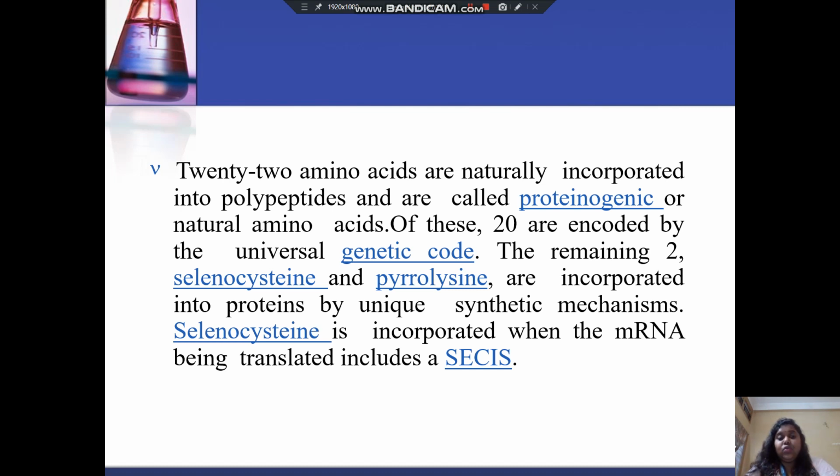The remaining two, that is selenocysteine and pyrrolysine, are incorporated into proteins by unique synthetic mechanisms. Selenocysteine is incorporated when the mRNA is being translated.